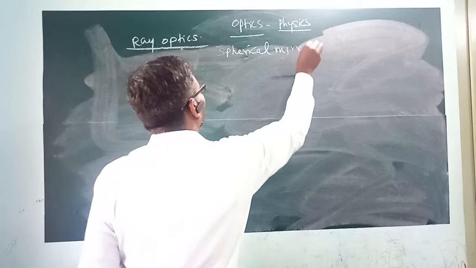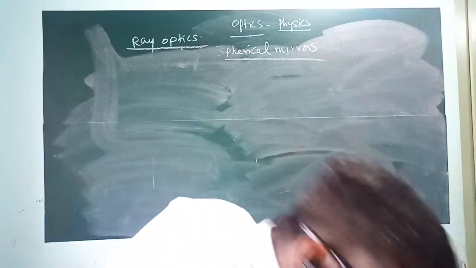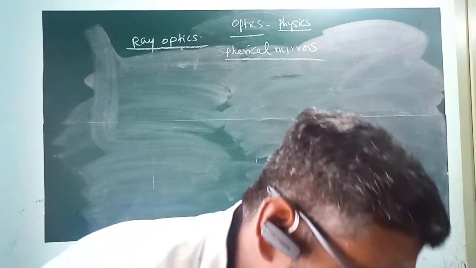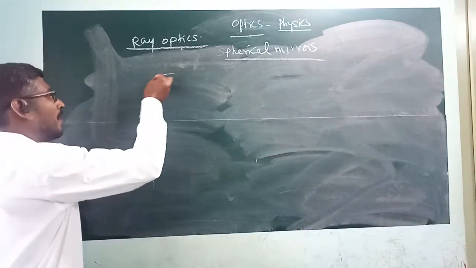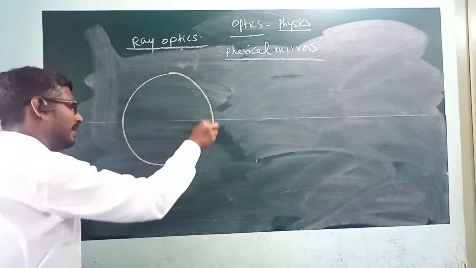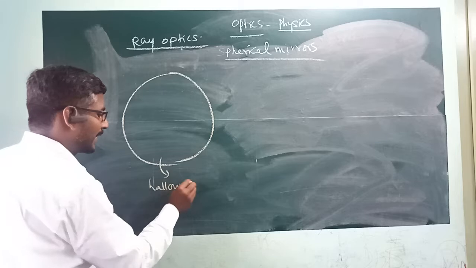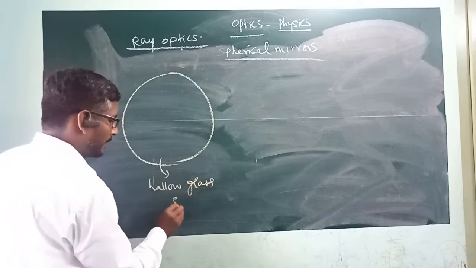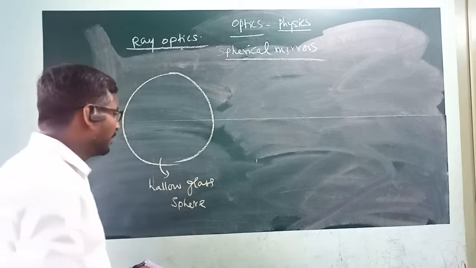First of all, what are these spherical mirrors made of? For example, let us consider a hollow glass sphere. This is a hollow glass sphere, and it is cut by a plane.